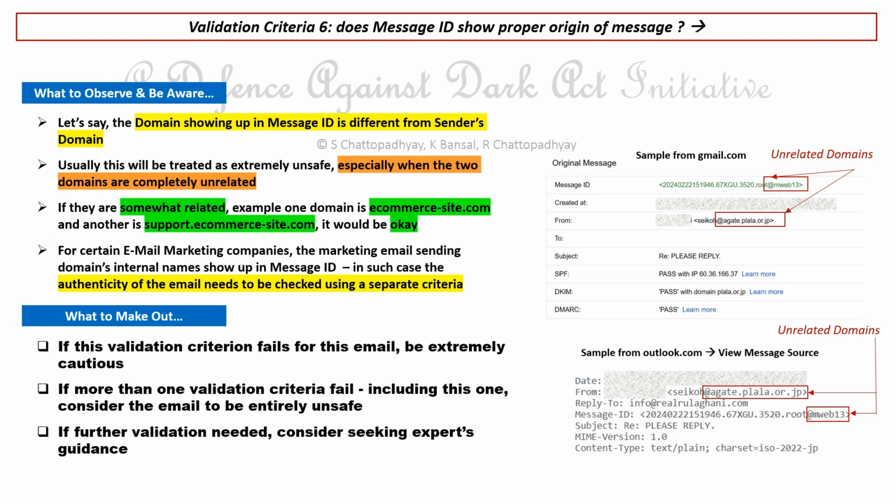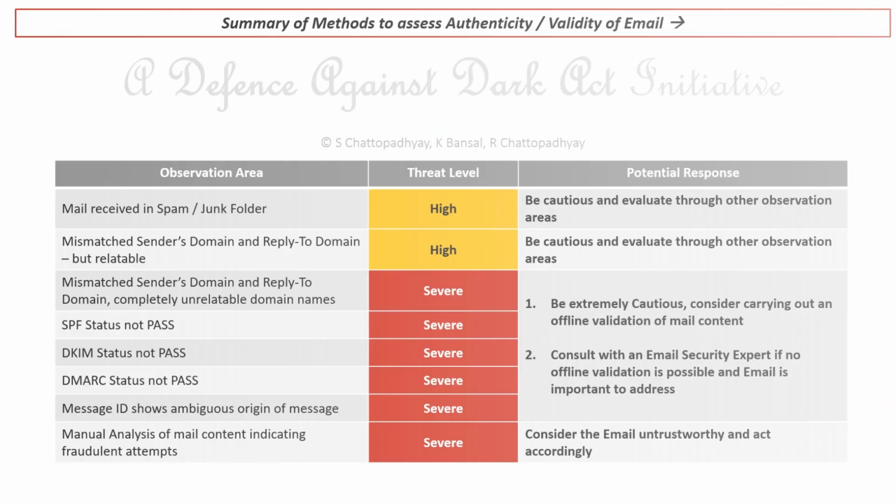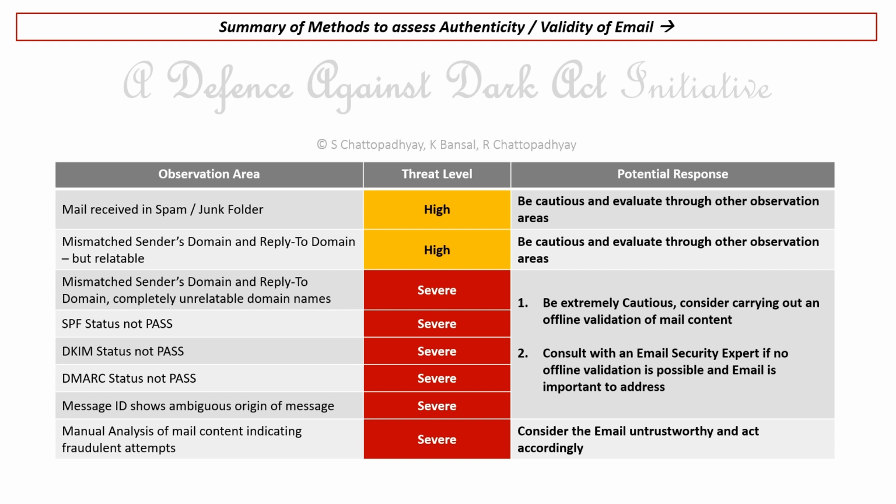All right, so now let's understand how we see all these different criteria put together in a summarized way. Essentially, all these observation areas are the criteria that we discussed, and you can look at the threat level, how threatening each of these criteria could become.